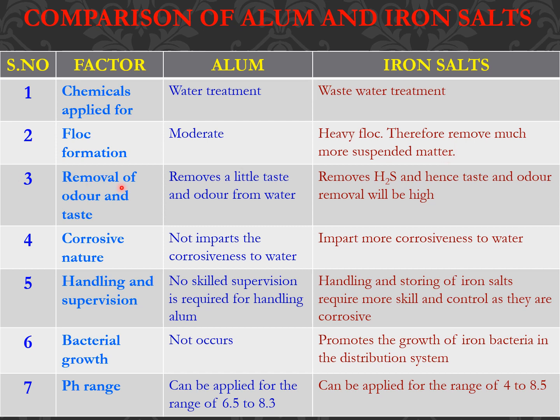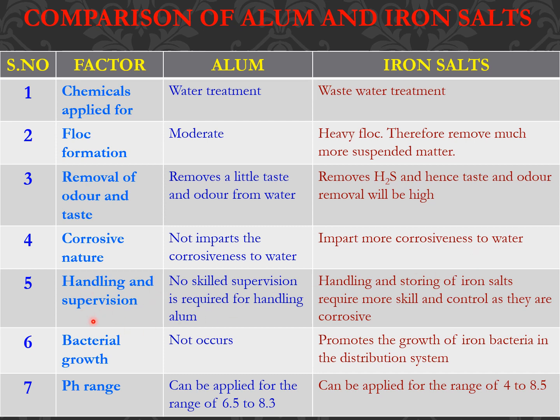Removal of odor and taste: alum removes a little taste and odor from the water, while iron salts remove H2S, and taste and color removal will be high. Corrosive: alum does not affect the corrosiveness of water, but iron salts impact more corrosiveness to the water, since the iron present enhances corrosion.